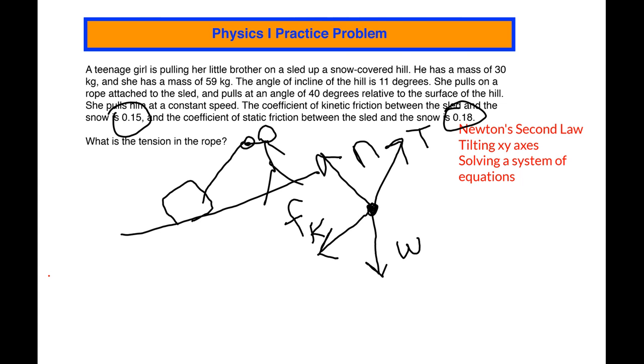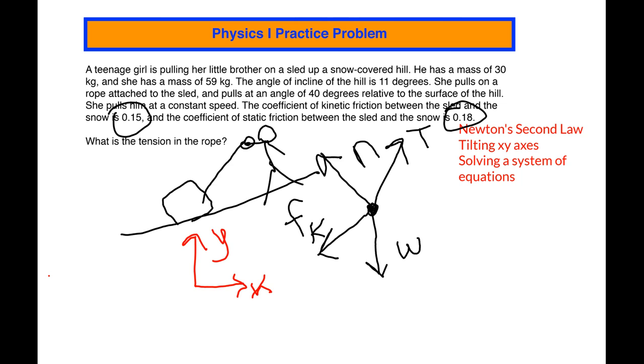Now let's look at our choice of axes. If we choose the traditional XY axes, like this, we would then have three forces that have both X and Y components, and only the weight would just be in the Y direction.